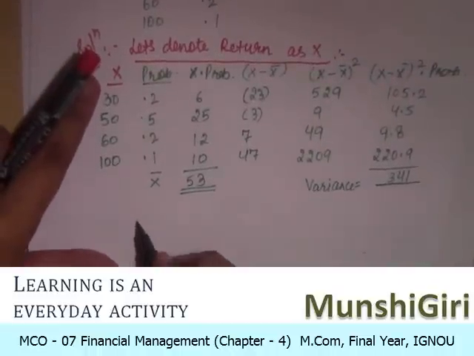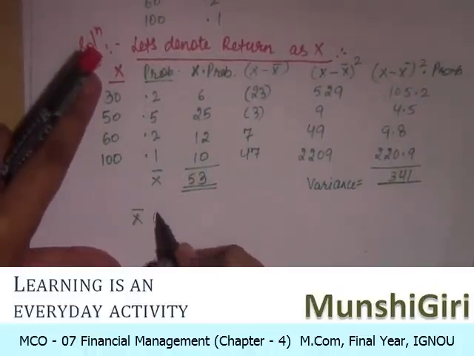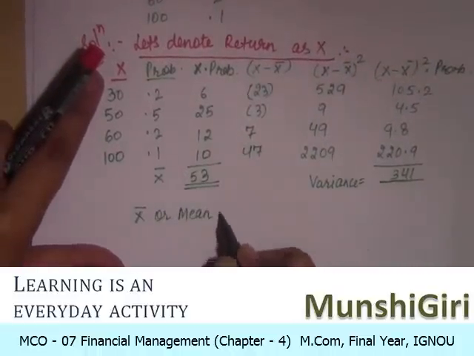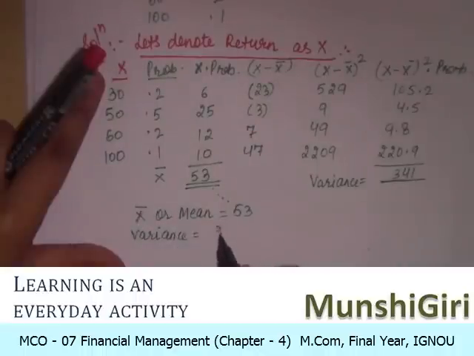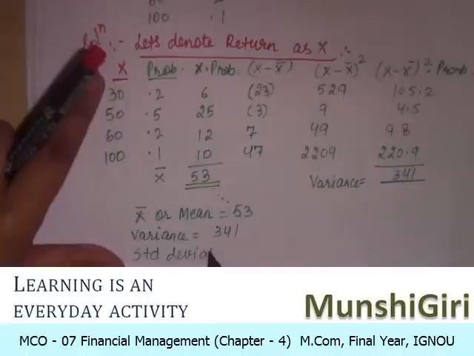So x bar or mean is 53 that we have taken from here, variance is 341 and standard deviation is under root variance, that is 18.47.